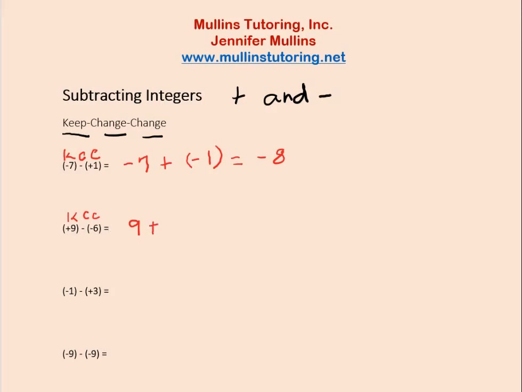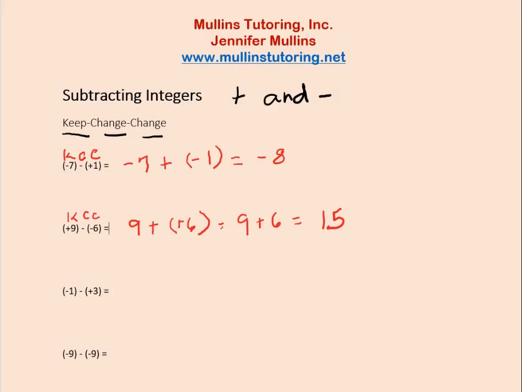Inside the parentheses, I have -6, so I'm going to change that sign, and that would just become a +6. So now all I'm doing is adding 9 plus 6, which would give me +15.